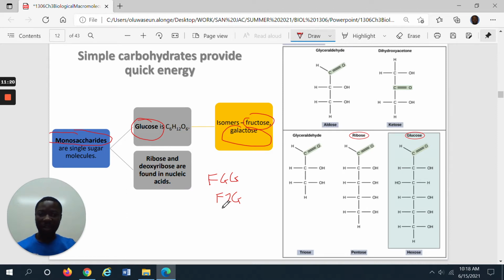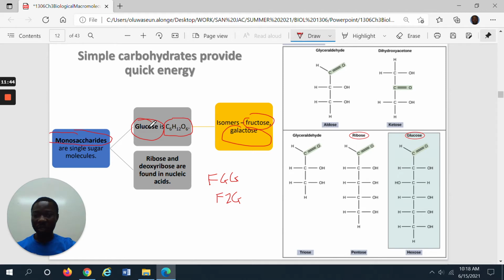Now they all have the same molecular formula. So you remember I told you about isotopes in chapter 2? And you remember I told you isotopes are elements with the same proton number but different neutron numbers, right?